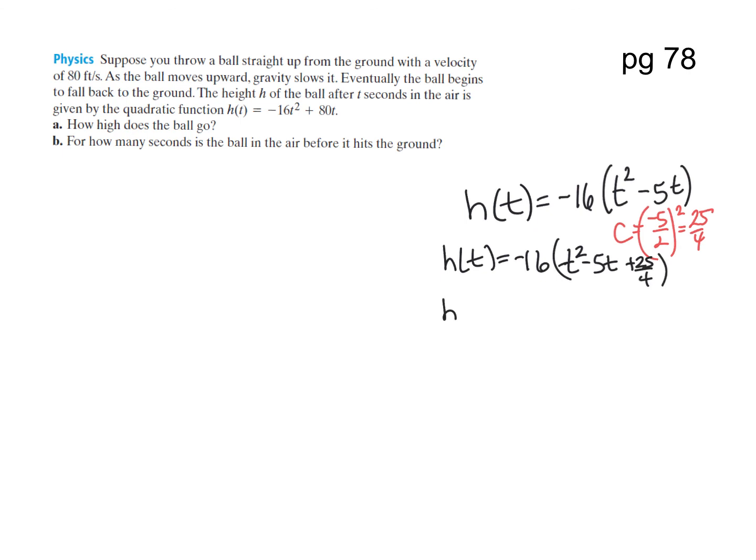Factor. Oops, no, don't factor yet. I almost forgot, didn't I? Multiply negative 16 with 25/4. I think we did that earlier, negative 16 times 25/4. Pretty sure we did.